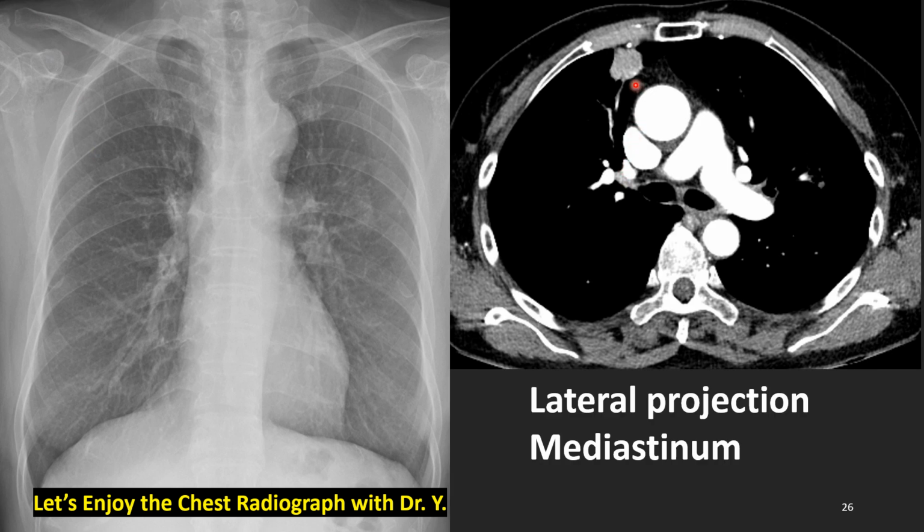With the lateral chest radiograph, we already know that the tumor is here. Why this tumor was not easy to identify on the frontal radiograph is evident here. Yes, it was overlapped with hilar vascular structure on the frontal radiograph.